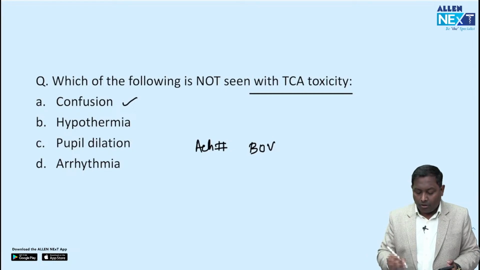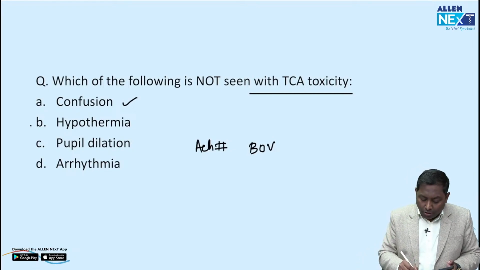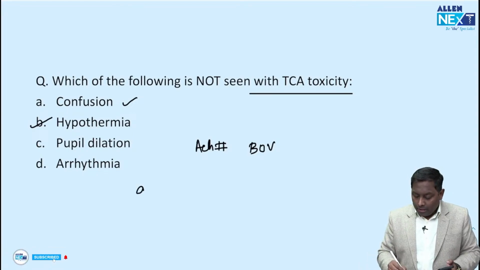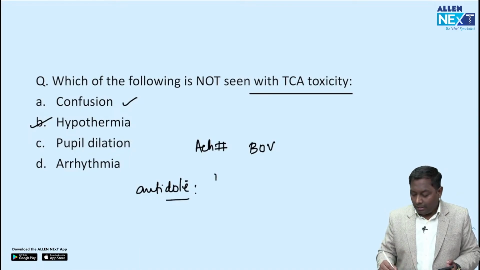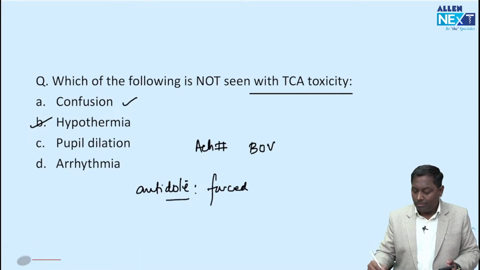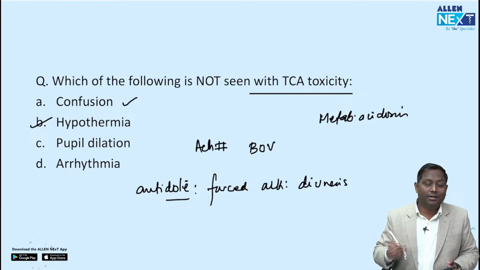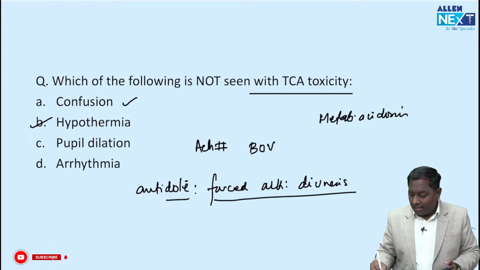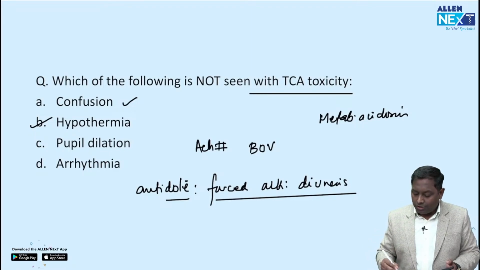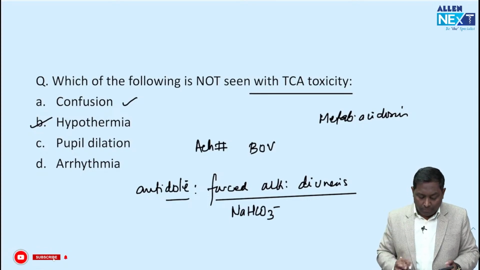They also have alpha-1 blocking property, because of that there can be arrhythmia as well, but hypothermia is not reported. Next, in an upcoming examination they can ask what could be the possible antidote, so there is no antidote available for this. Since this is going to cause metabolic acidosis, it will be associated with metabolic acidosis, we are going to cause forced alkaline diuresis. If you remember, this was a 2022 question, right, that forced alkaline diuresis will be done in which of the following. So the question topic is almost the same, just the language was changed a little. So forced alkaline diuresis using sodium bicarbonate will be the correct answer for this one. Hypothermia will not be one of the symptoms here.